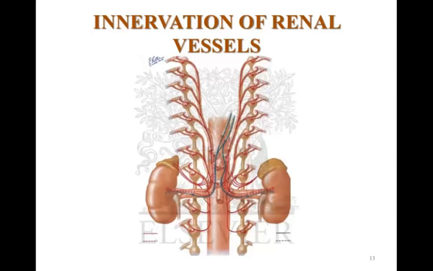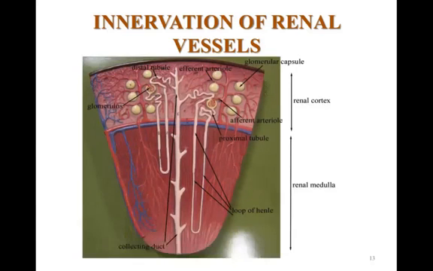The renal tubules and renal vessels are innervated by sympathetic fibers from the lower thoracic and upper lumbar segments. Fibers supplying the renal vessels, afferent and efferent arteriole, stimulate alpha adrenergic receptors, causing vasoconstriction of afferent and efferent arterioles as during exercise.